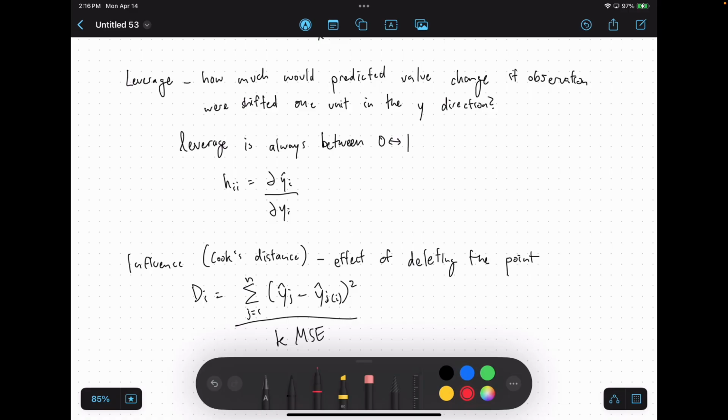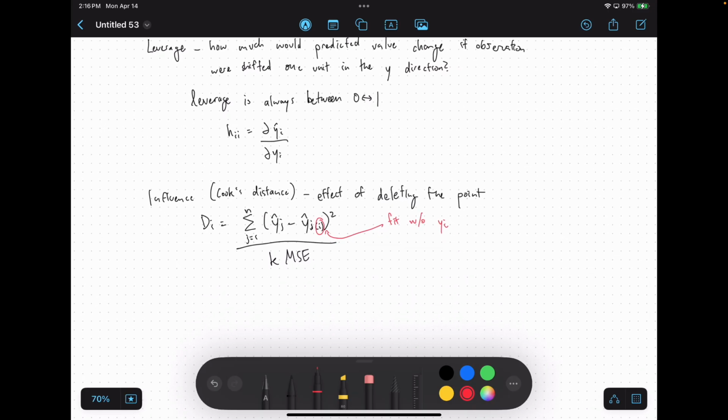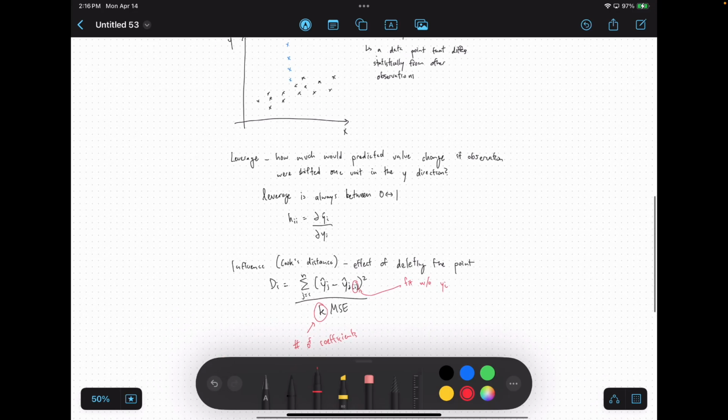Again, not something you have to memorize, but I'll put it here for your reference. The item with the subscript (i) refers to the fit without y_i, so that's the fit you would get by deleting the point. And k is the number of coefficients.